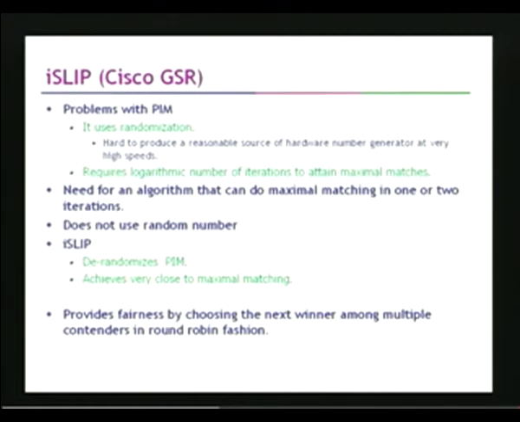Therefore, we need an algorithm that can do maximal matching in either 1 or 2 iterations, and does not use random numbers. The basic concept is the same as parallel iterative matching, but we are looking for a scheme without randomization. If it can use some kind of determinism and also achieve a maximal match in 1 or 2 iterations, that would be the best.